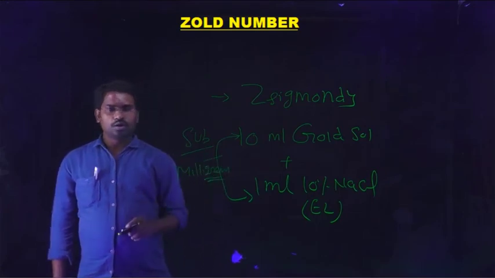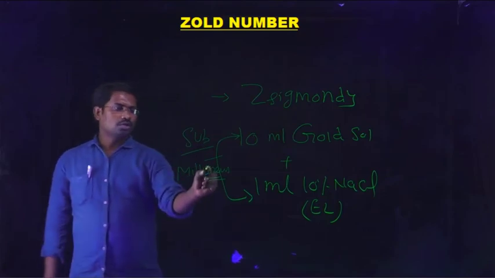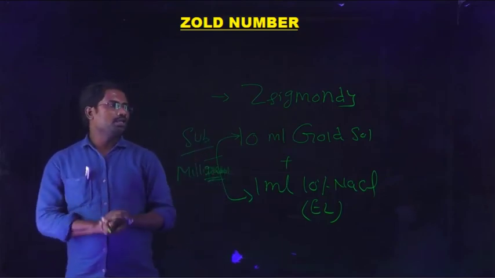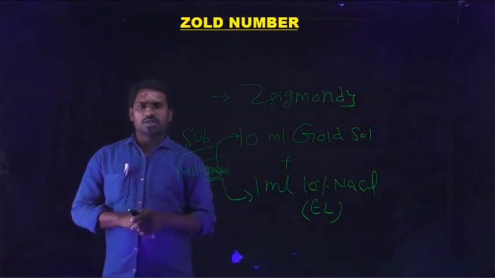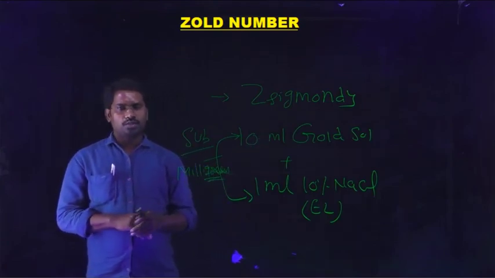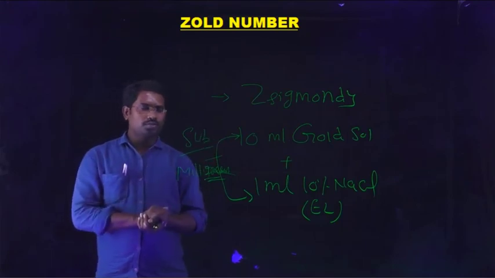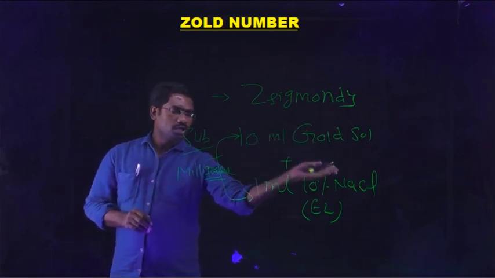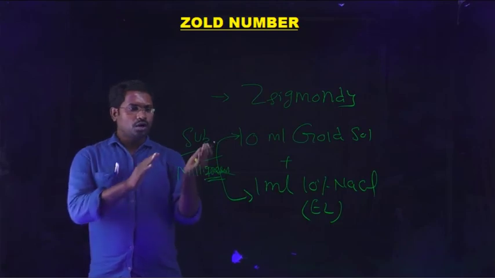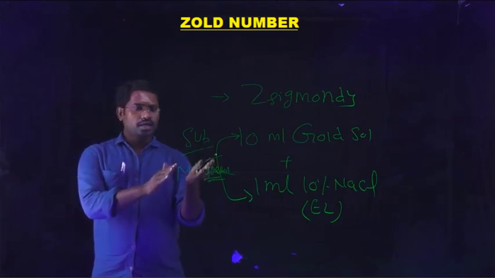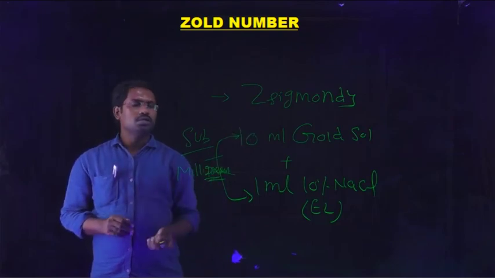So how many milligrams of substance added to the gold solution is known as the gold number. So this is the exact definition of the gold number. To stop the coagulation between the gold solution and sodium chloride solution, the amount of extra substance, that is protective colloid, added in milligrams is known as the gold number.